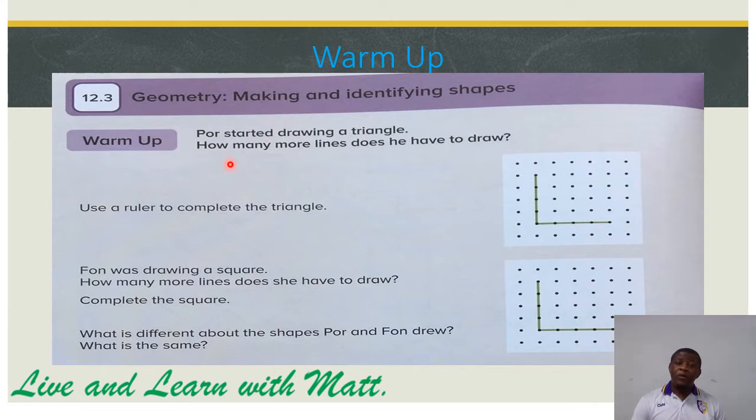Now, Paul started drawing a triangle. How many more lines does he have to draw? To draw a triangle, the triangle looks like this. So how many more lines? Just one more.